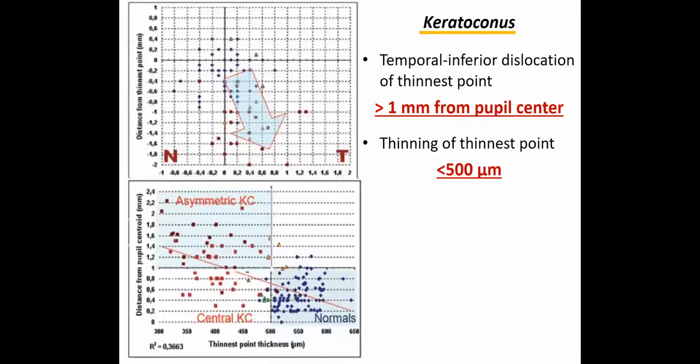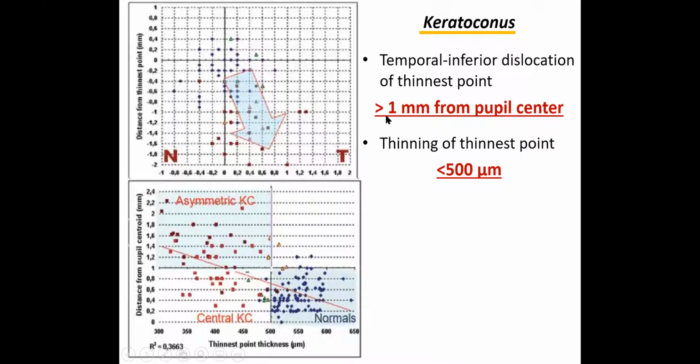How else can we see this? In an old paper, we produced these graphics. We observed that the thinnest point in keratoconus tends to go temporal inferior. And we discovered that if we have 1 millimeter dislocation from the pupil center and less than 500 microns, meaning asymmetric keratoconus, all the cases were keratoconus until demonstrated otherwise.